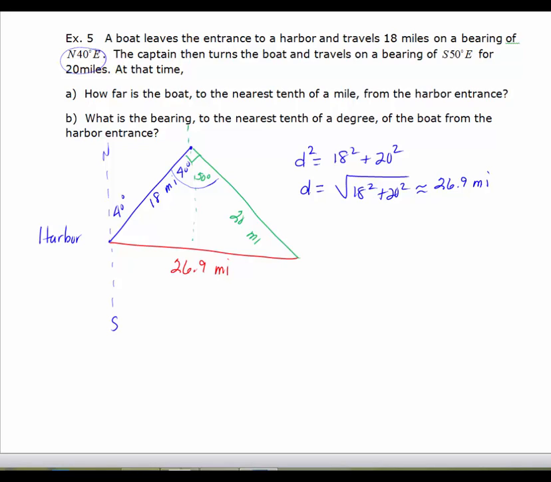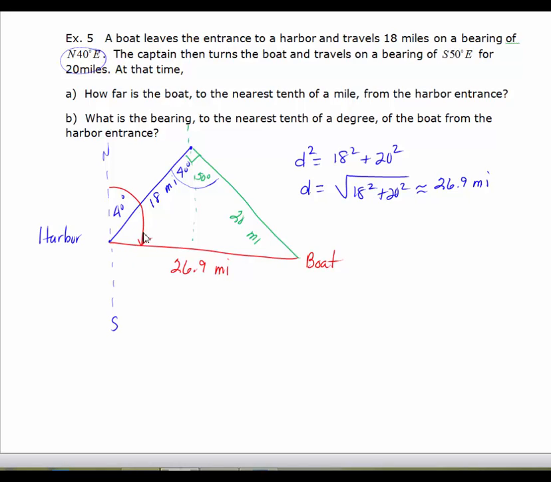Now the next question says to find the bearing of the boat from the harbor. So we want to know the bearing from here to here. This is where our boat is right now. This is the harbor. So we need to find this angle, and then we can figure out whether we're going to be going from the north or the south.